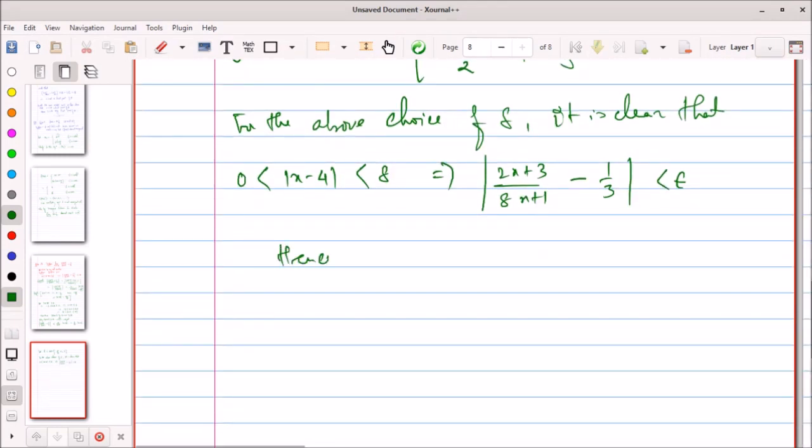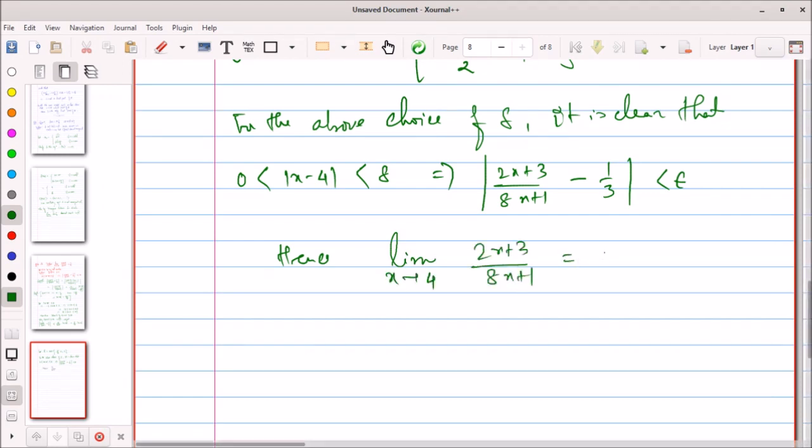Hence, the limit as x tends to 4 of (2x + 3)/(8x + 1) is equal to 1/3. So this is what we have shown.